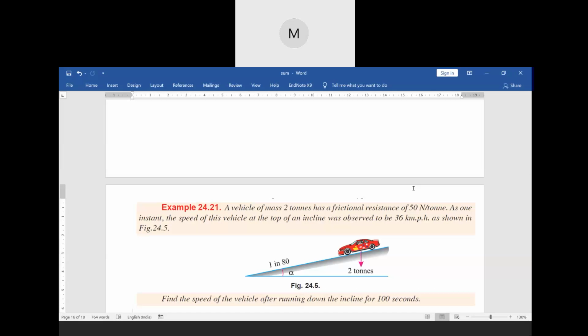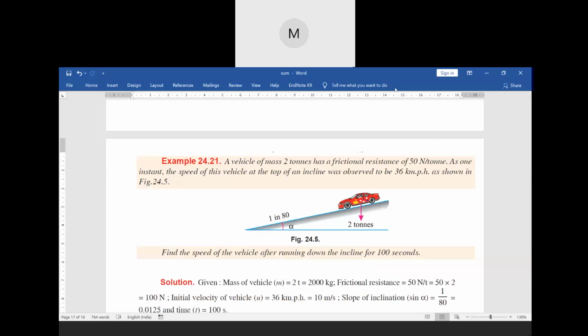Listen. Just now I said 5 by 18 for kilometer per hour to meter per second. Can you tell me the expression for meter per second to kilometer per hour?